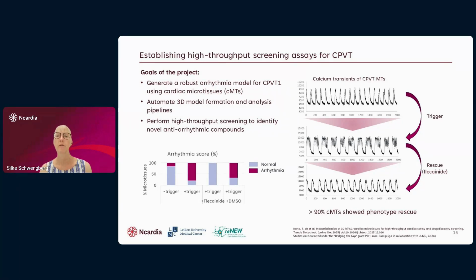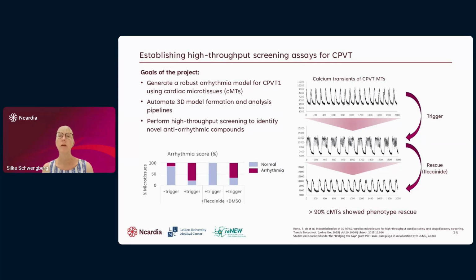And then when you add the flecainide, they are rescued from that. If you only add the vehicle of the flecainide, which in this case is DMSO, there is also a certain variation between the ones with only the trigger and the ones with the trigger plus DMSO, but it's nowhere close to what you can rescue with the flecainide. So for us, that was the proof that the model as such is showing the pathophysiology that you would also see in a patient.